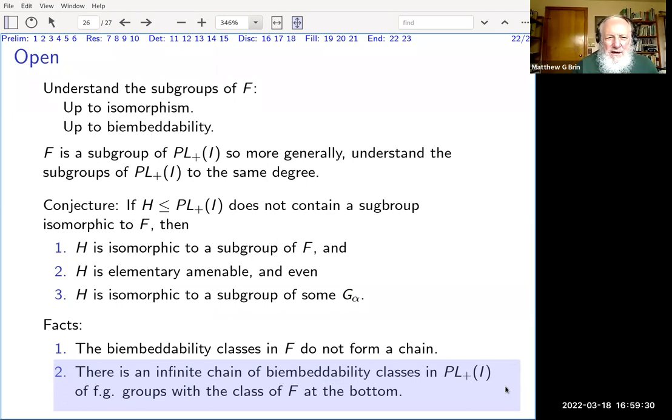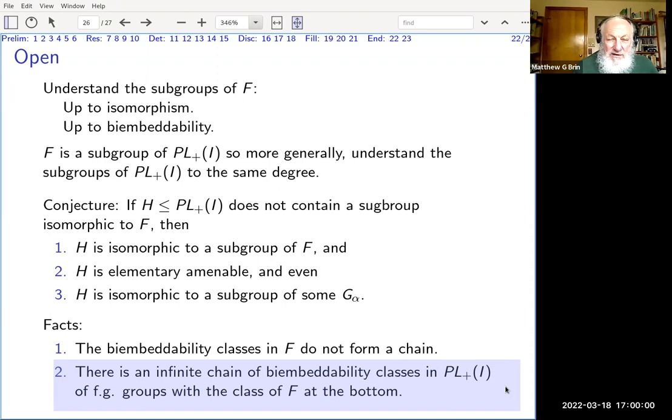The construct doesn't really need to be in F. The construct needs to be in homeomorphisms of the interval or homeomorphisms of the line. And the fact that these things can be built so stably allows us to say, oh, by the way, they're actually all subgroups of F, which is almost an offhand remark.